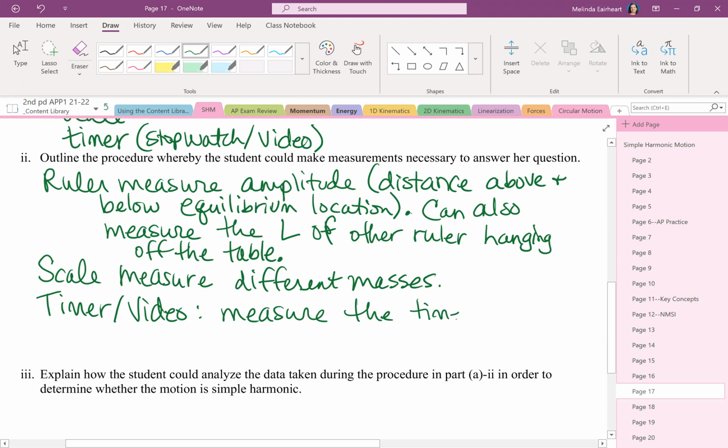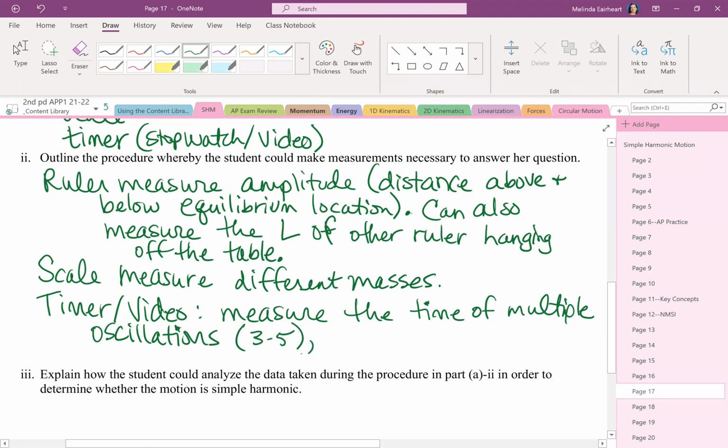the time. And I'm going to go on and apply it to labs. Like if we really did this as a lab, you'd probably measure the time of multiple oscillations. Maybe 3 to 5 oscillations.